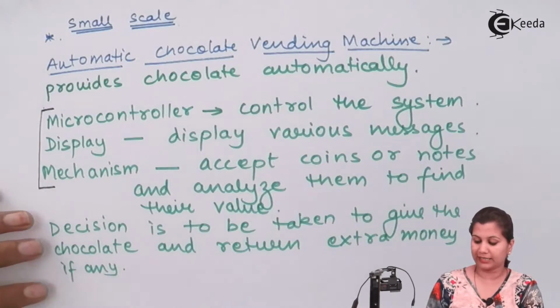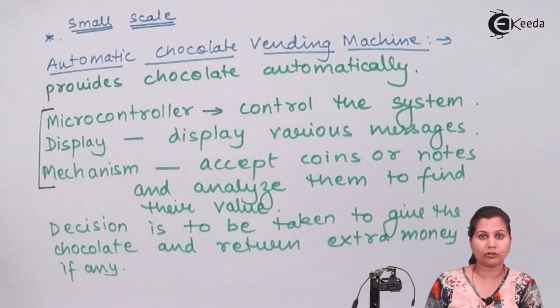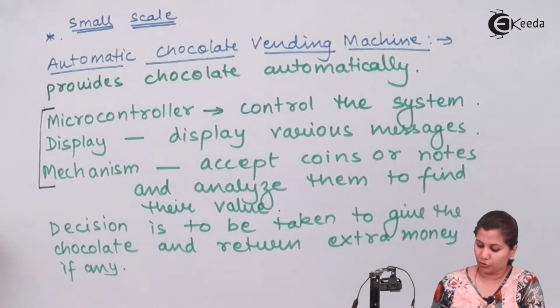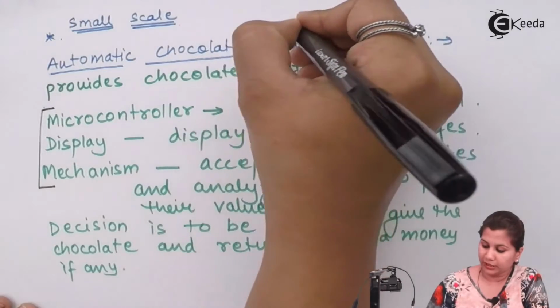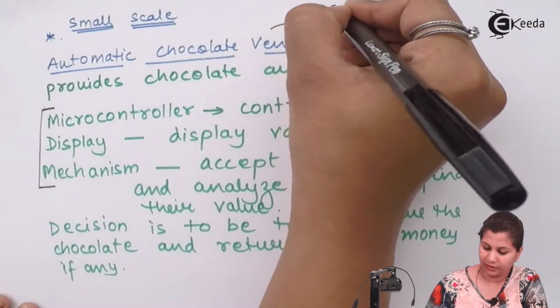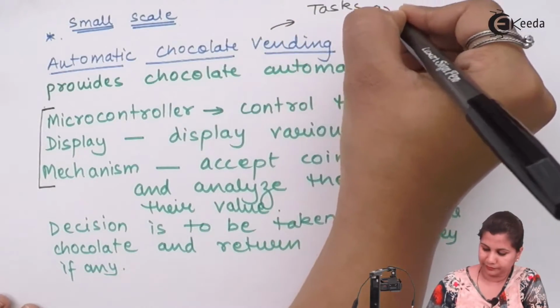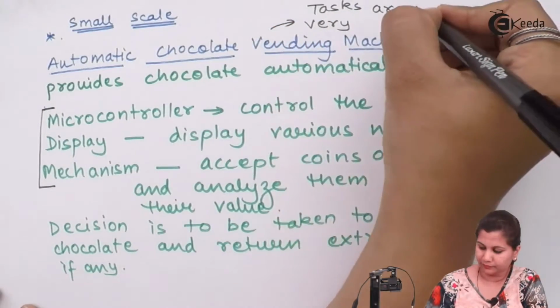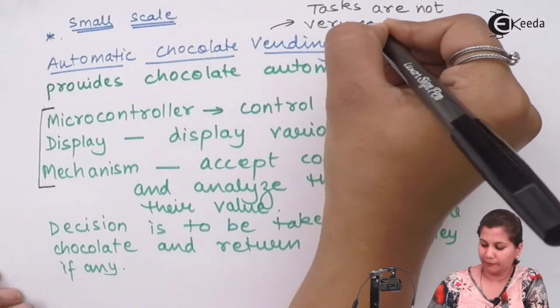So we can say that the automatic chocolate vending machine comes under the category of small scale embedded systems, because the tasks performed are not very complicated.